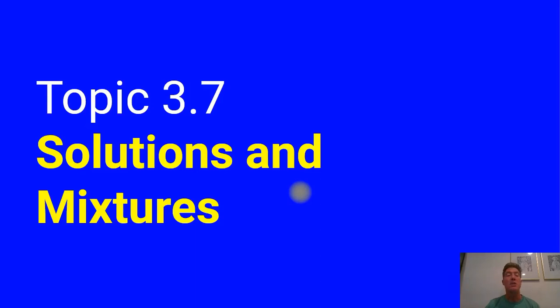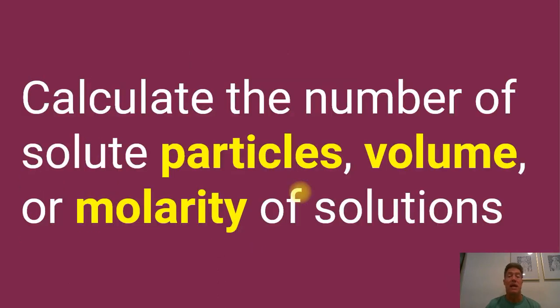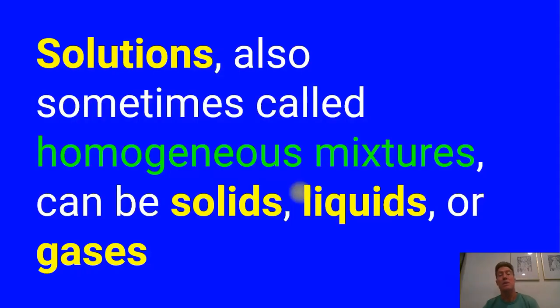Okay, solutions and mixtures. We're going to talk about how IMFs influence solubility and separation of mixtures. It allows us to calculate the particles, the volume, and the molarity of solutions. Now, solutions, which are very important in chemistry, are often called homogeneous mixtures, and they can be solids, liquids, or gases.